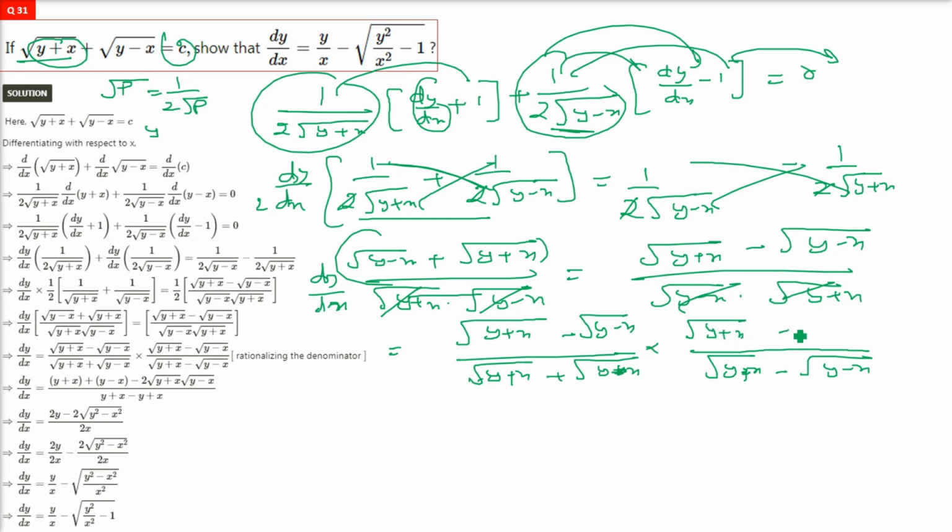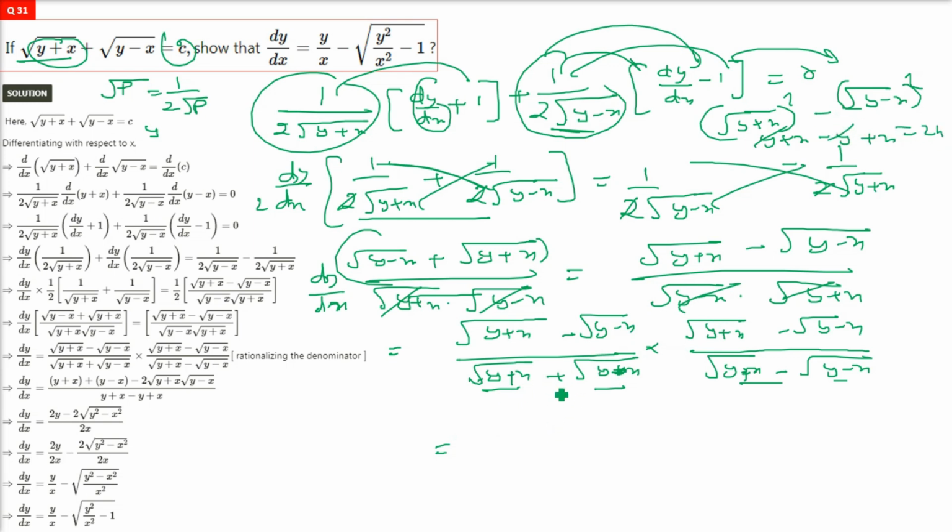Now this is a plus b, a minus b. A plus b into a minus b is a squared minus b squared. So it will be under root y plus x whole square minus under root y minus x whole square. It will be y plus x minus y plus x, so it will be twice of x in the denominator.